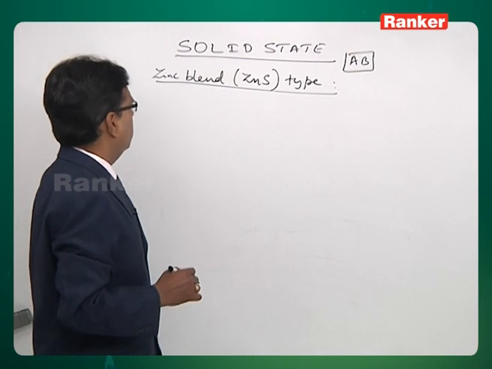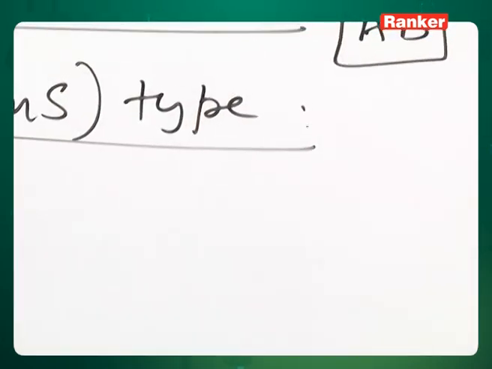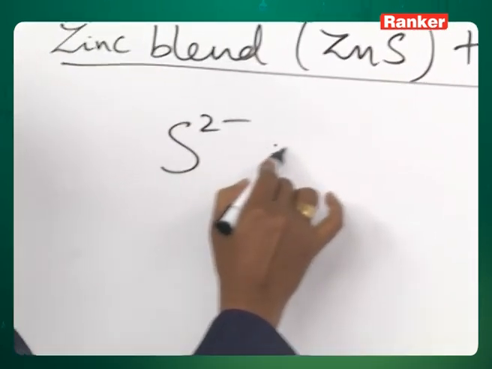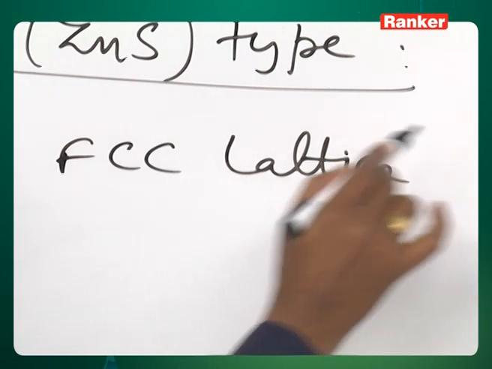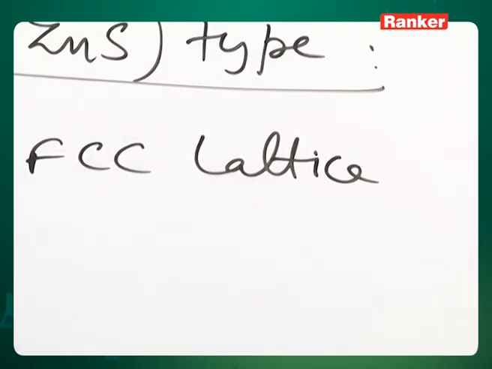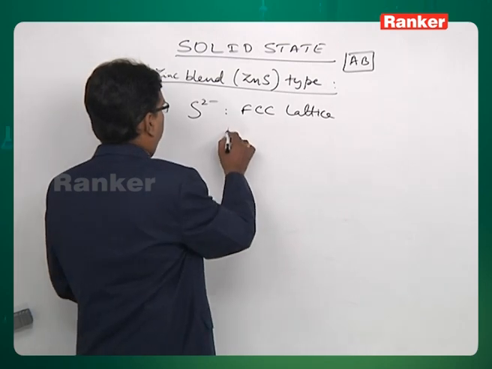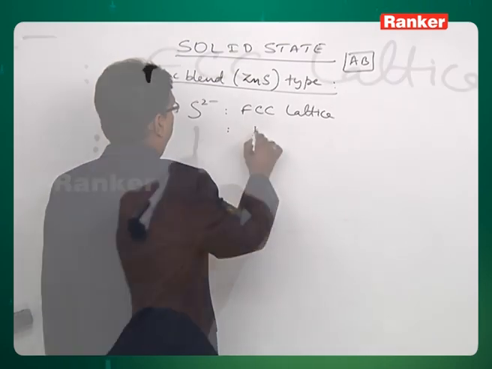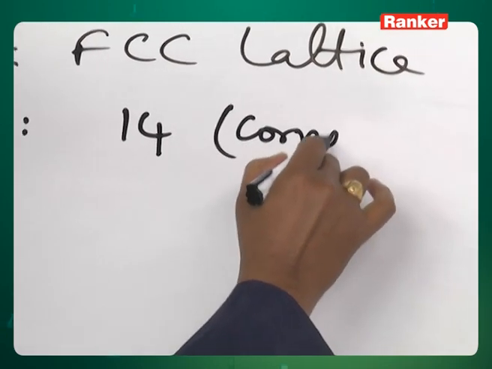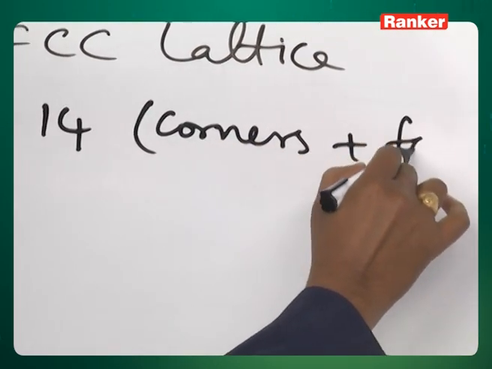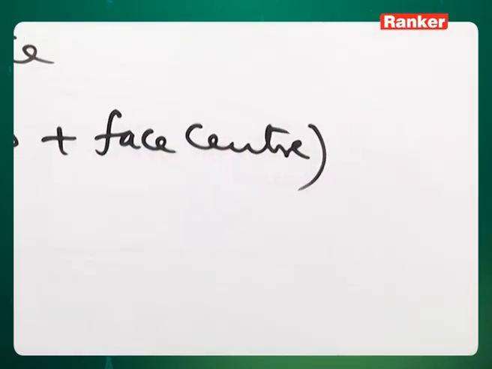In this zinc blende type, sulfide ions form the FCC lattice. So, here sulfide ions you will get again 14 in number, because corners plus face center.